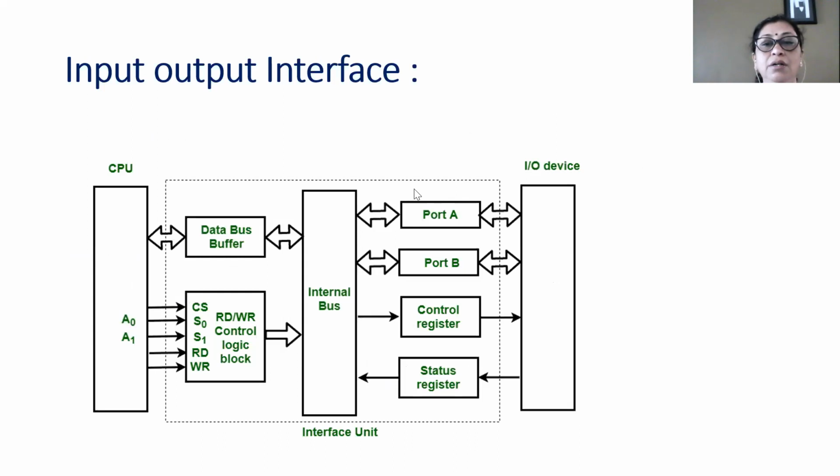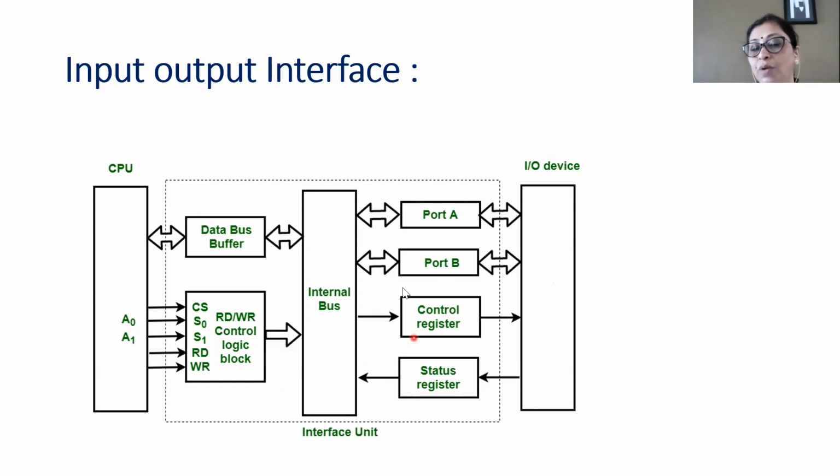And here you can observe the block diagram of interface unit. So this is also very important. This dotted thing which is shown over here, this particular block, is the block diagram of the interface unit.